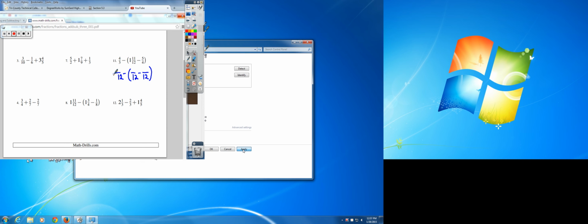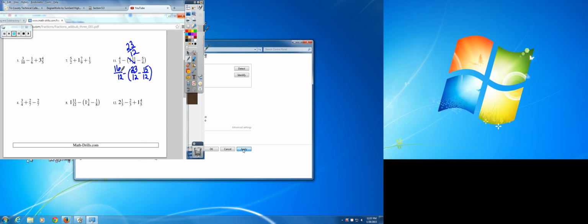And 4 will go into 12 how many times? 3 times 5 is 15. Now, this is, what is it? 23 twelfths? Yeah. That won't change. And then this, 3 will go into 12, how many times? 4 times 4 is 16.